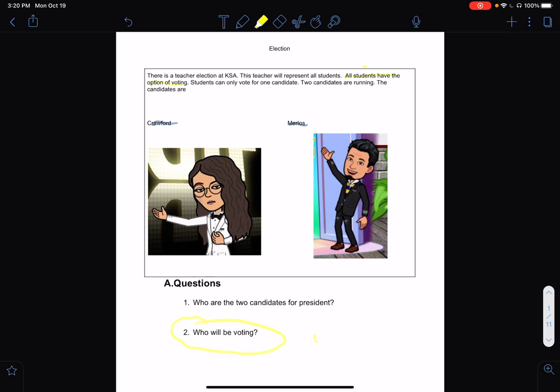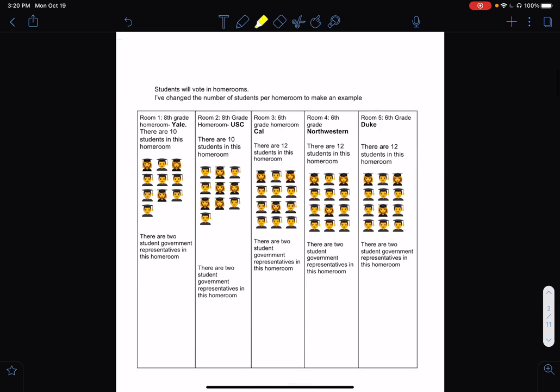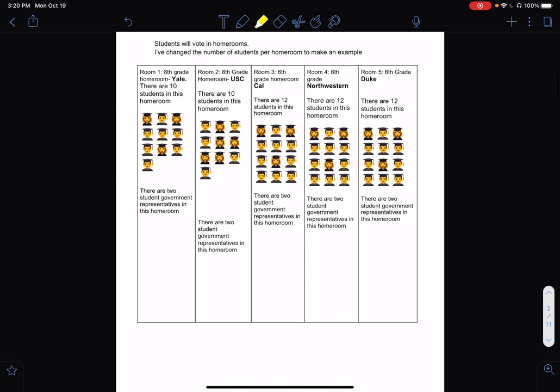So what that shows me was that you either didn't watch the video or you didn't read this part, which I guess you could have missed because it's small. If we go here, the size of the homeroom is based on a representation of the states. For example, Yale has 10 students, the equivalent of a state that has 10 million people.